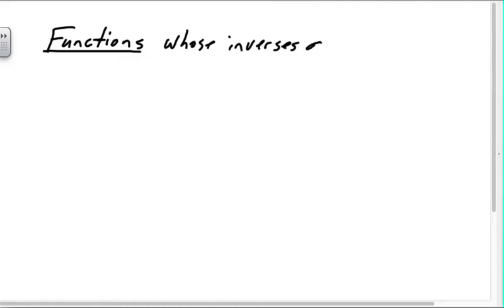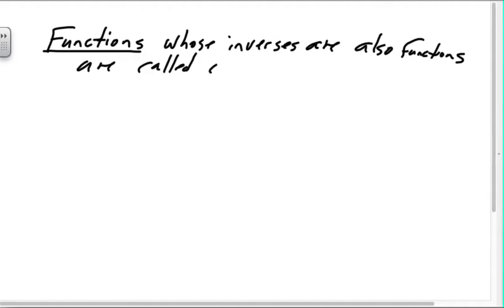So functions, and here I've narrowed it down from equations to my original thing I'm dealing with as a function, which means it passes the vertical line test, whose inverses are also functions, are called one-to-one.